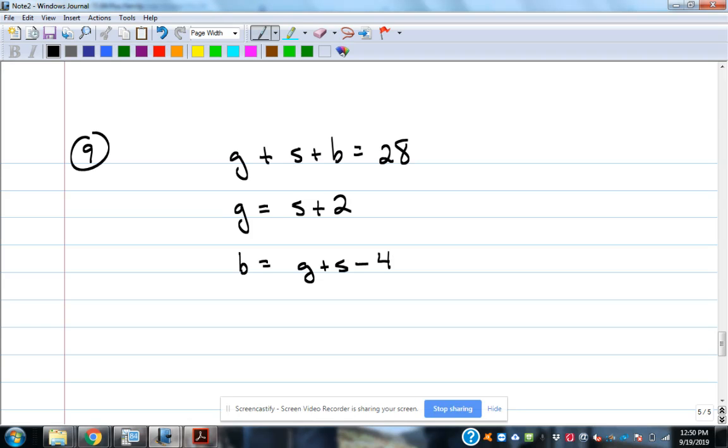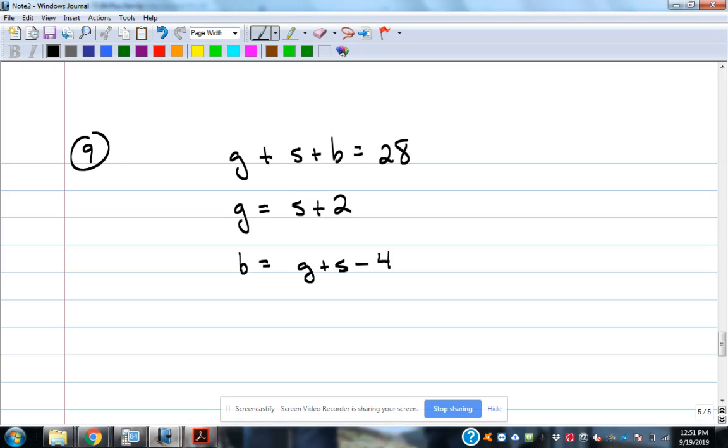Okay, those are weird looking equations. They don't look like the ones we've had. I'm nervous. What do I do? I can plug in G to the third problem.